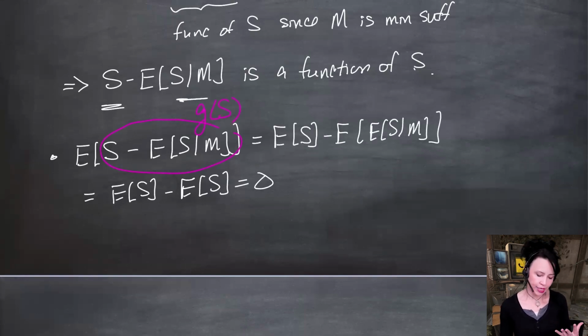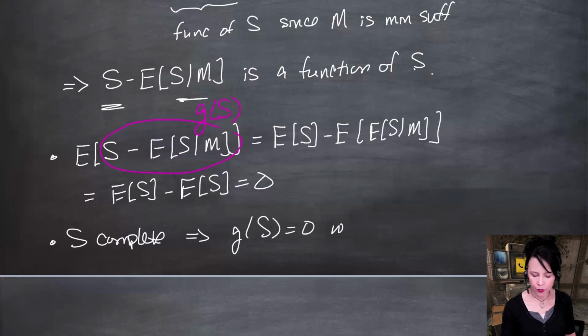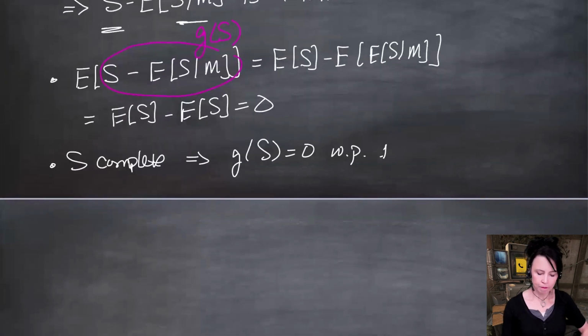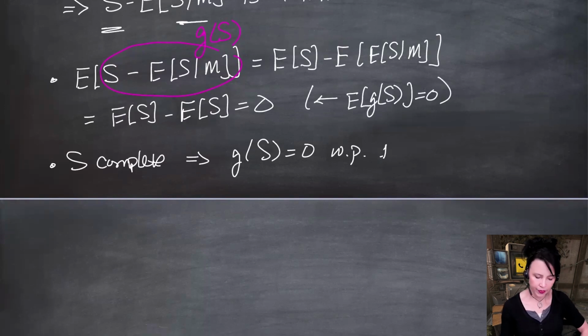And because S is complete, we know that g of S must be 0 with probability 1. So S complete implies that g of S is 0 with probability 1 as a result of the expected value of g of S being 0. So g of S has to be 0 with probability 1.